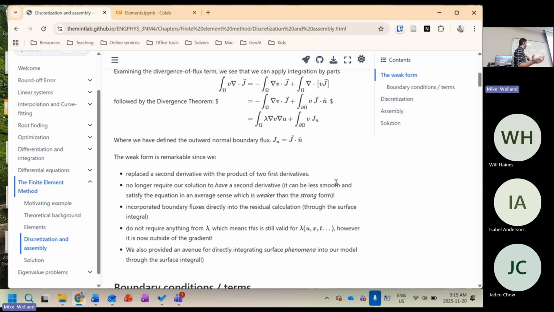Because you've got one value here, you've got one value there, the limit does not exist. The limit of those two slopes does not exist. Second derivative doesn't actually exist for this. But when you put it through the weak form, it doesn't need to exist anymore. You can still get the weak solution, even though the strong solution cannot be satisfied. That's the magic of finite element.